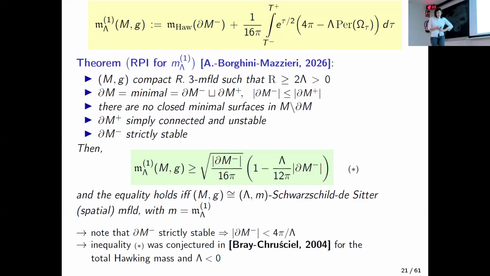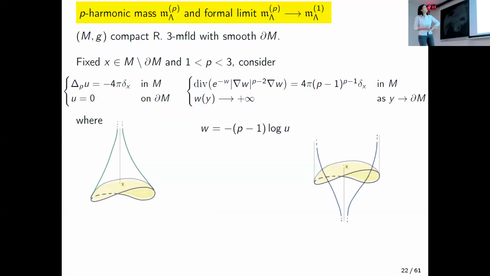Okay. So now let me explain a little bit how we could derive this one harmonic mass from corresponding p harmonic masses. As you see, the quantities before are essentially geometric.